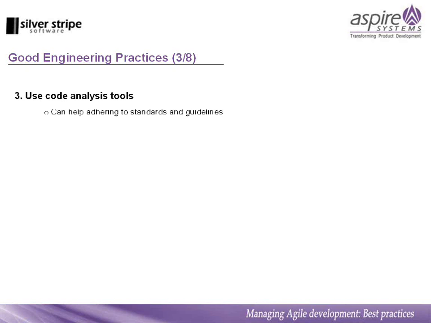Okay, so the third engineering practice we would like to emphasize is use code analysis tools. What code analysis tools can give us is help to adhere to standards and guidelines from the industry. Industries keep on adding guidelines and recommendations based on experience and customer feedback.